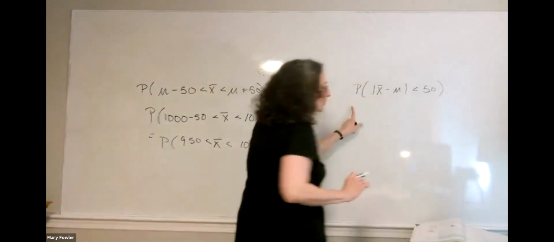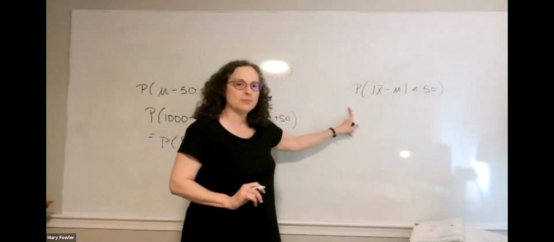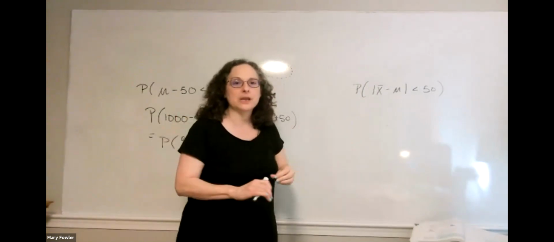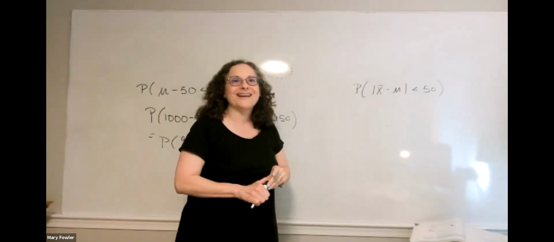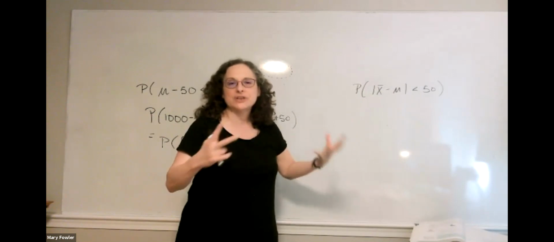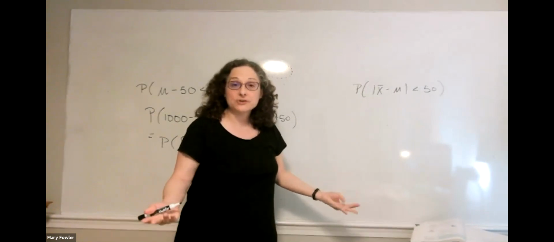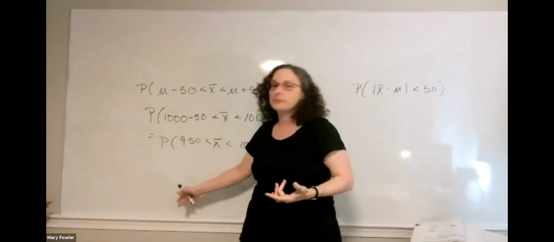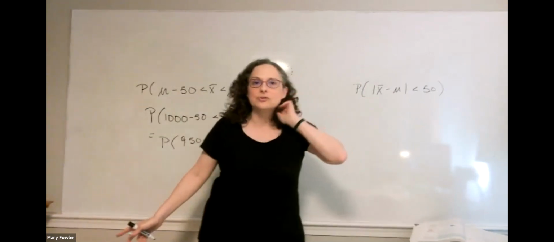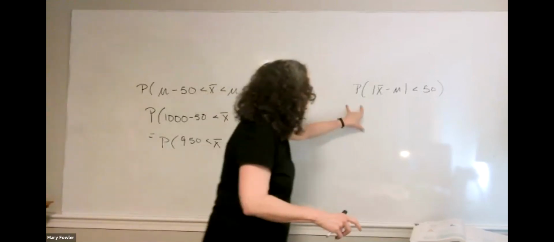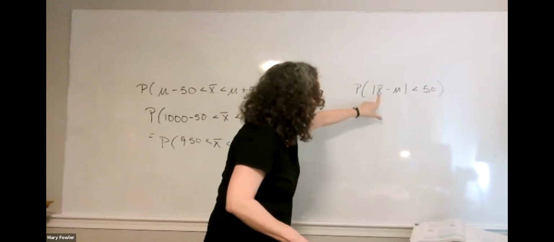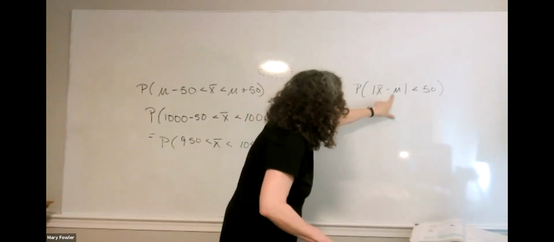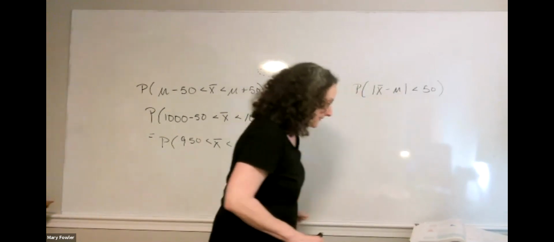All right, and now let's look at what this statement of the problem is, because you have to be able to read or understand the questions that are of interest and translate them into something that your tools can address. So let's say, what does it mean for the absolute value of x minus mu to be less than 50?